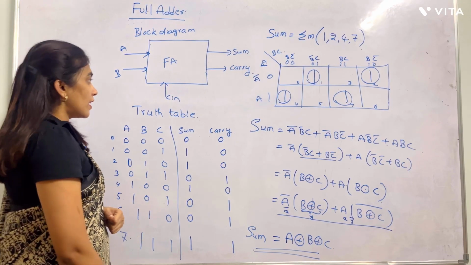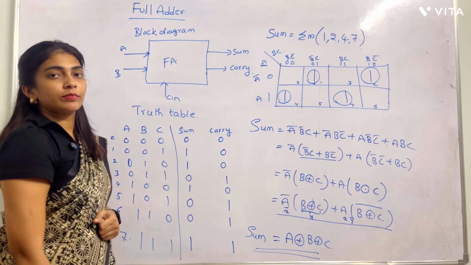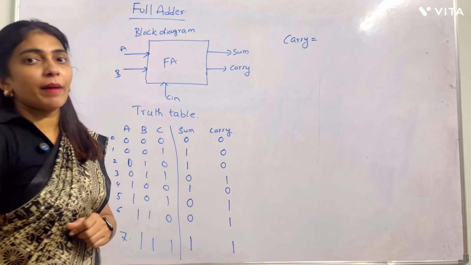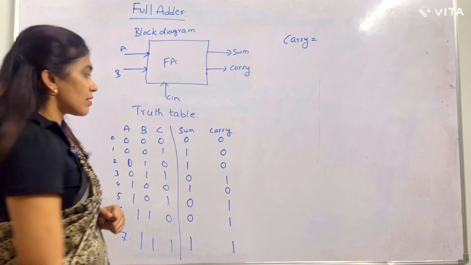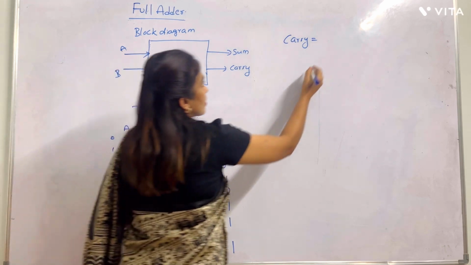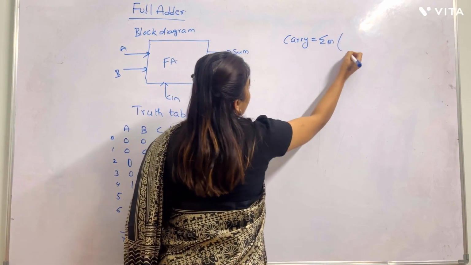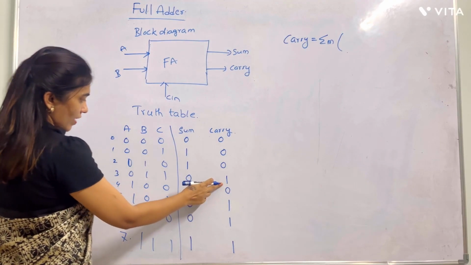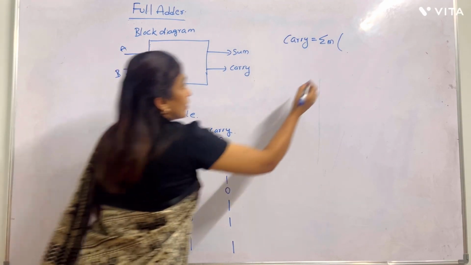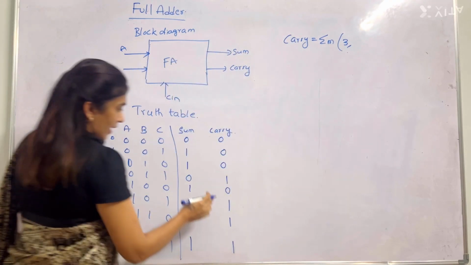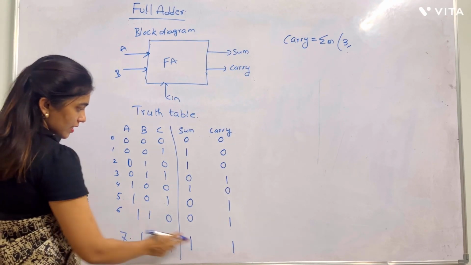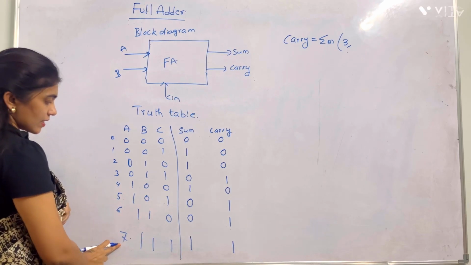Next, we'll go for the carry formula also. We are taking the K map. So before taking the K map, first we have to write the min terms. So carry min terms, sigma m. How many ones are there? 1, 2, 3, 4. First one at 3, second one at 5, third one at 6, fourth one at 7.